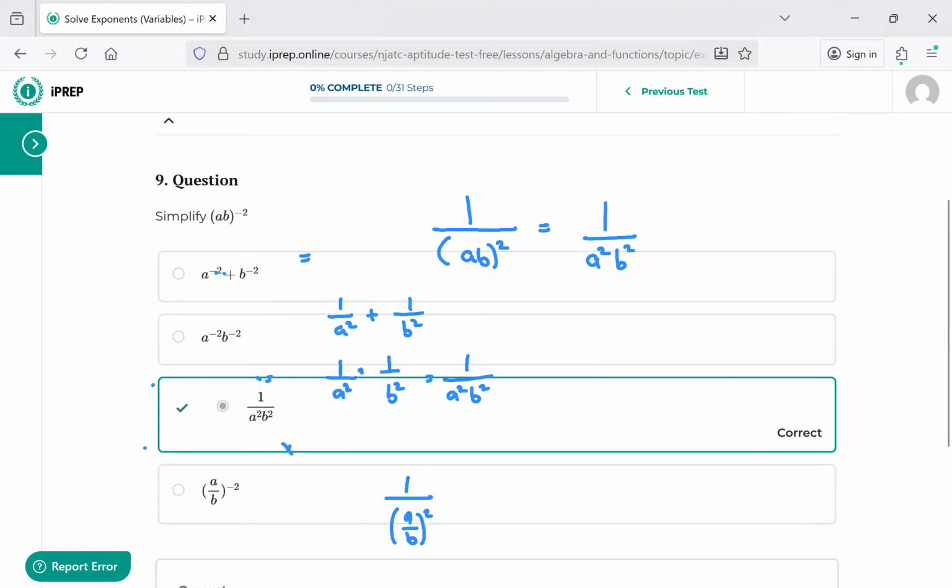So 1 over a squared times b squared is the same thing as this. That is kind of tricky because I would have picked this one too. I guess the keyword was simplify, so they want it in the most simplified form. I guess they didn't want negative powers, so that's why it's the third choice.